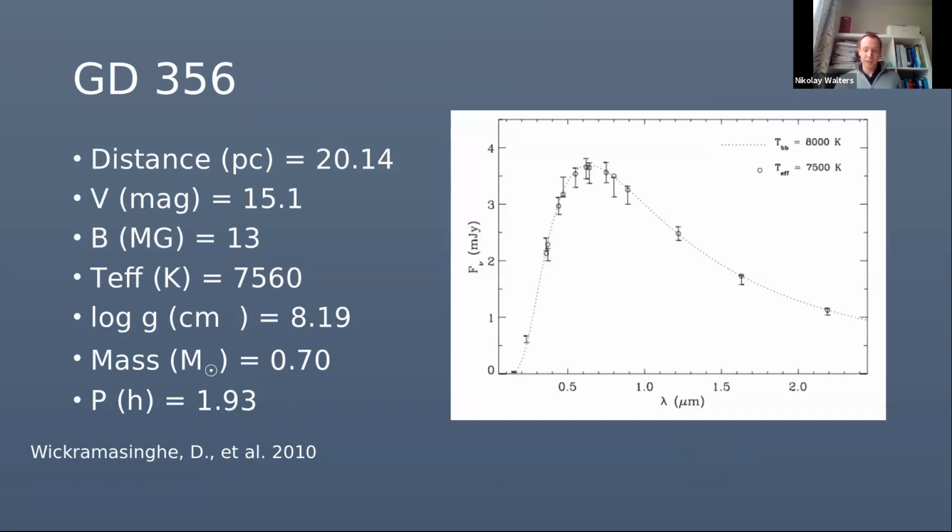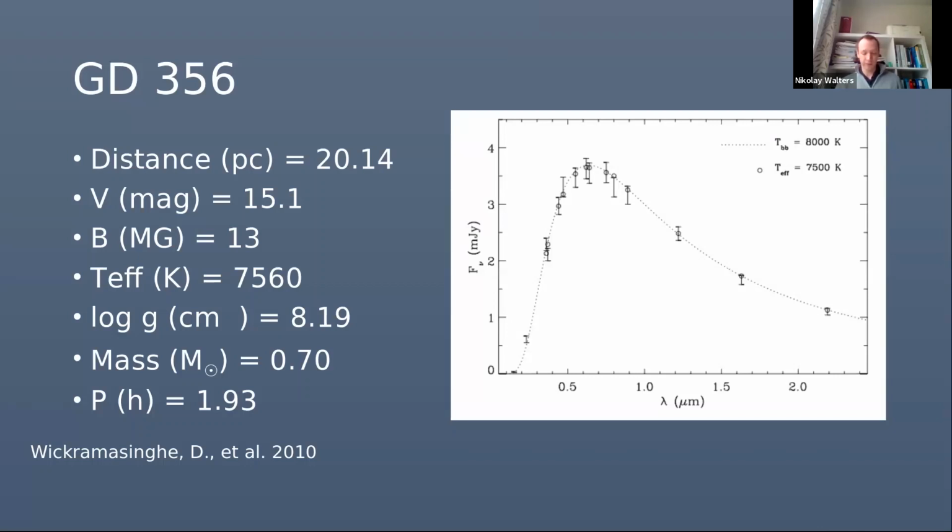Okay, so here is the primary target of this investigation, the magnetic white dwarf GD356. It is a relatively cool white dwarf with an effective temperature comparable to the sun. It's optically variable with a peak-to-peak amplitude of 0.4% in the V band, indicating that it probably has a spot on its surface.